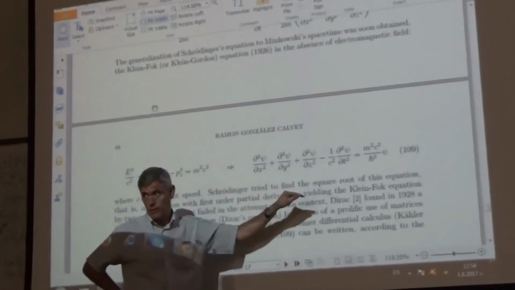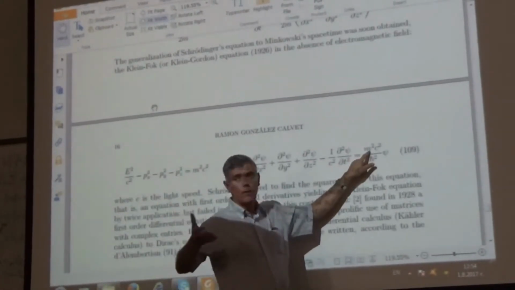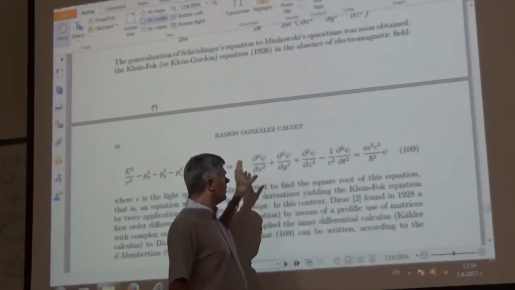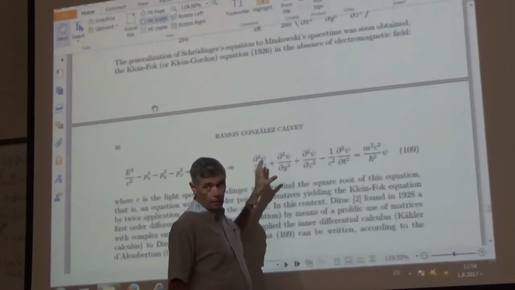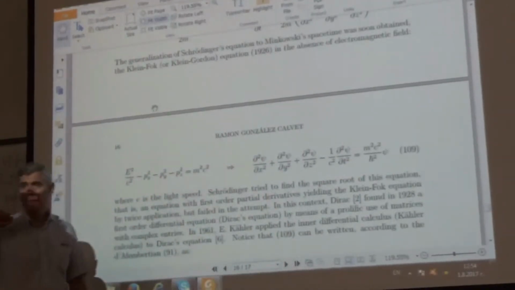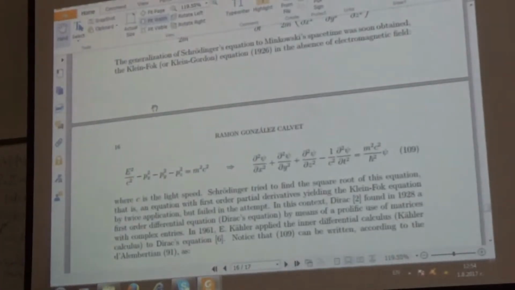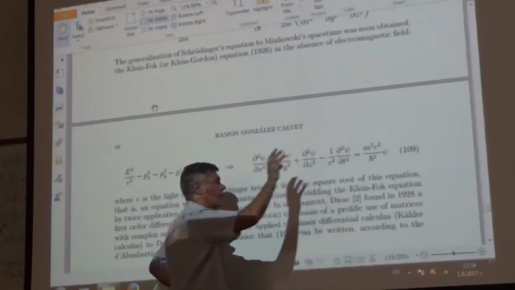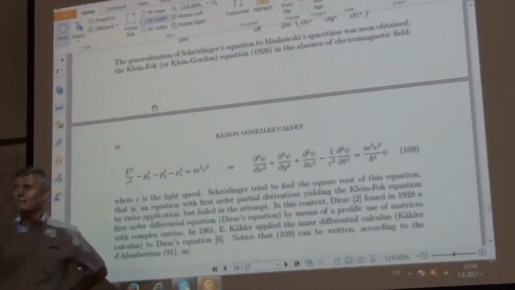This is the Klein-Gordon equation. This is the mass of a particle, maybe the electron, for instance, and Schrödinger searched for the root of this equation, but for a solution, a wave function, of scalar type.